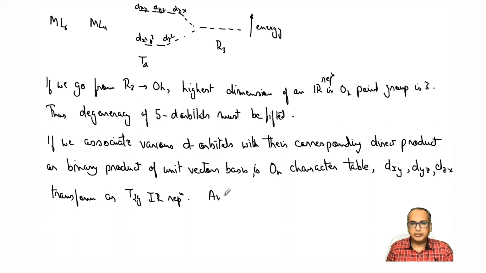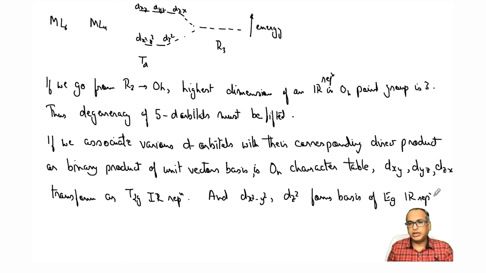And dx square minus y square and dz square form the basis of the Eg IR representation. So because they do that, these three will be degenerate and these two will be degenerate.